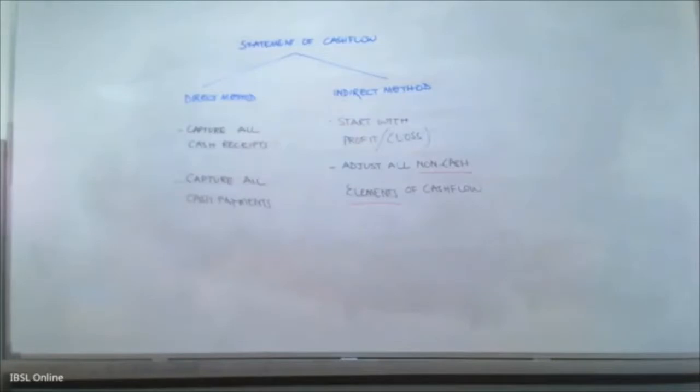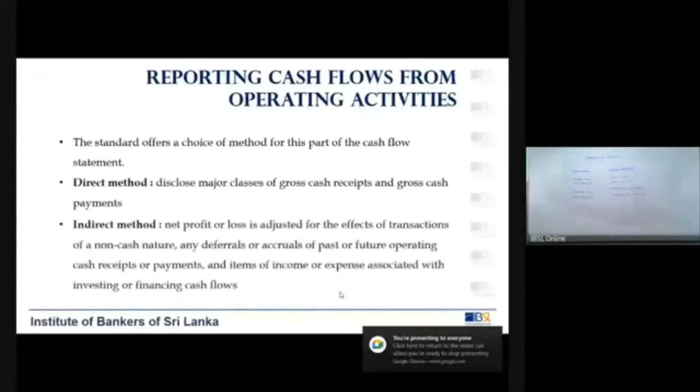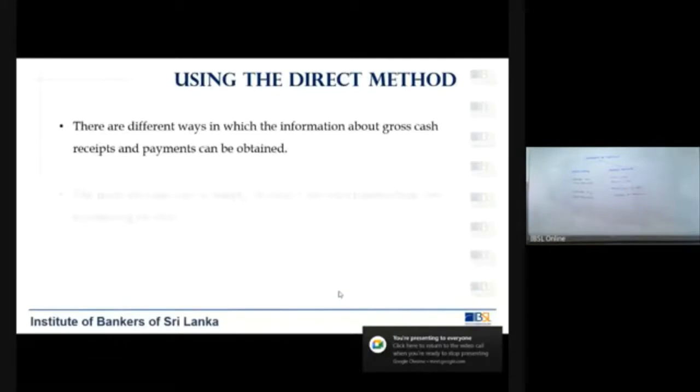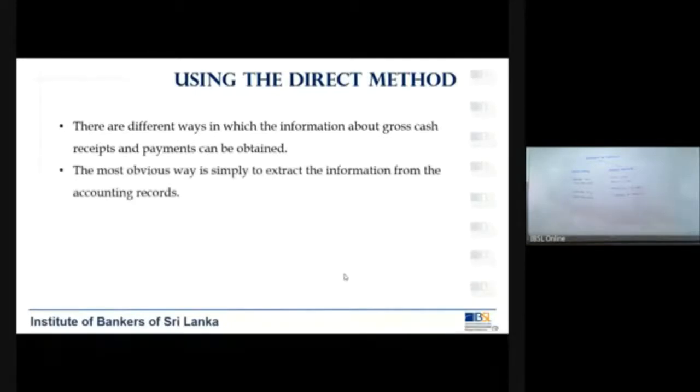Okay, right. So let's go back to the presentation. So that is about the direct method and indirect method. When you use the direct method, as I told you, you need to consider all the gross cash receipts and payments. You need to go through your ledger, extract that information from your accounting records and prepare the cash flow.